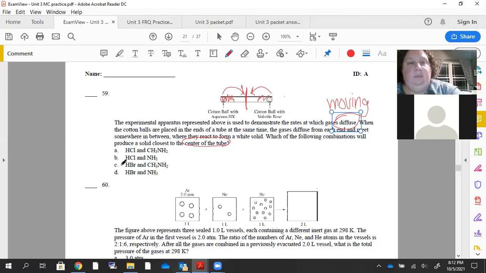So I can tell right off the bat that it's not going to be HBr and NH3 because Br's got a pretty high mass. 12, 13, 14, 15, 16, 17, plus nitrogen is 14. So that's 31. What's the molar mass of bromine? Oh my gosh, I don't have a periodic table on my desk.